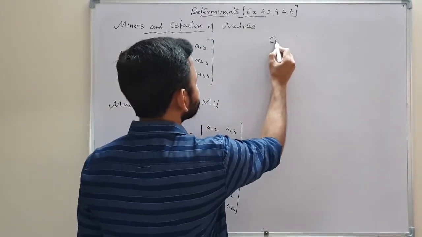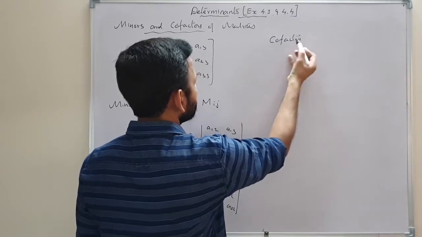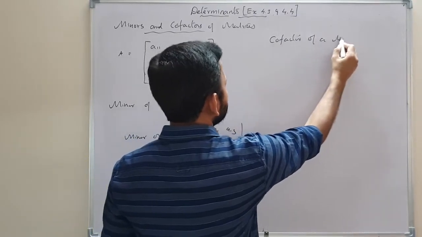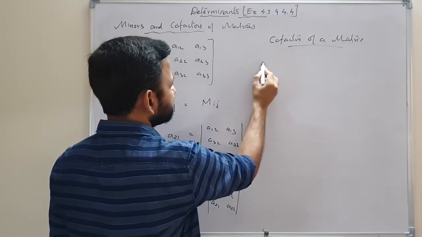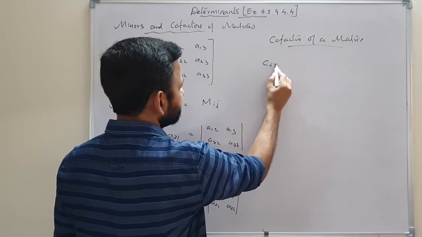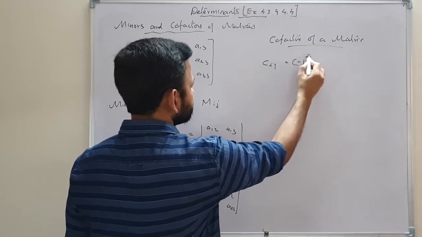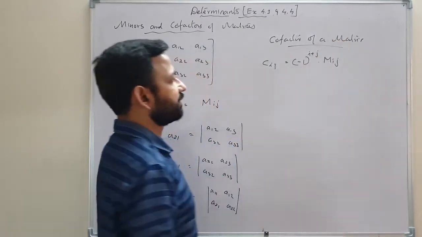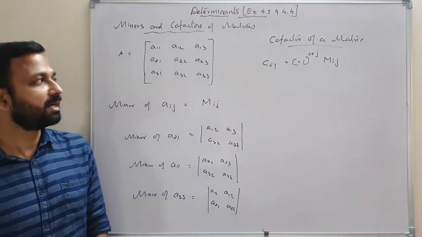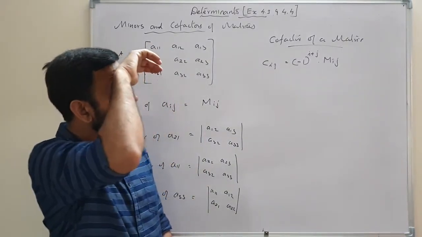Cofactor of a matrix. So the cofactor is defined like this: Cij is equal to minus 1 raised to the power i plus j into Mij. We already learned how to find the minor of a matrix.